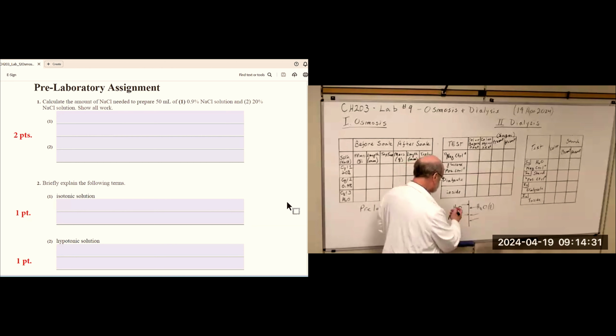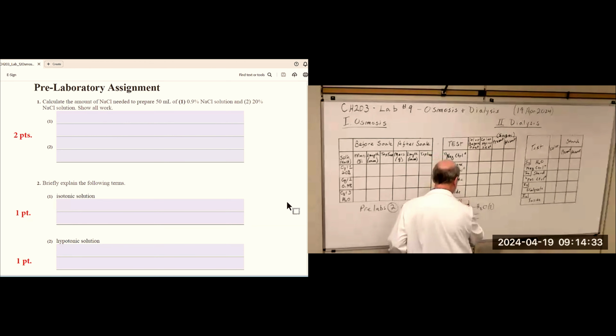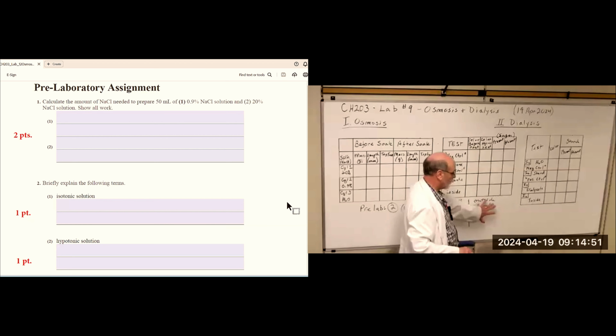Okay. If this is inside the cell and this is outside, then this solution out here is said to be hypotonic. It's less concentrated in the solute than inside the cell. And when it's hypotonic outside, water tends to move inside.